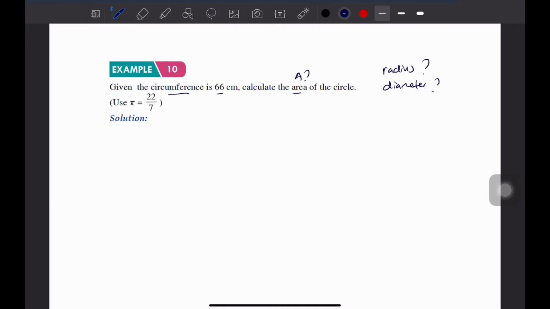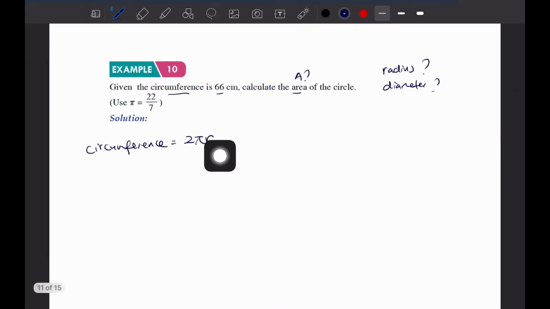So we need to find the radius first by using circumference. Okay, so circumference is equals to 2 pi r. Okay, so we want to find r. So let's move 2 pi r to the left part of the equation. So 2 pi r is equals to circumference.